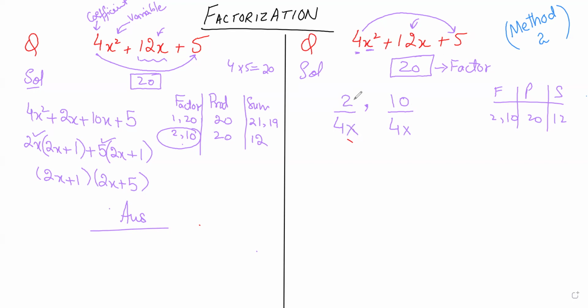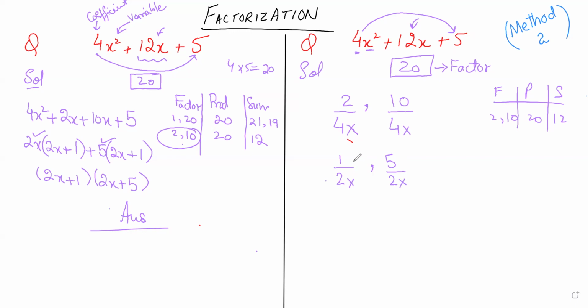Now, you can see 2 is divided by 4, I can reduce it. Like 2 times 1 is 2 and 2 times 2 is 4, so it will be 1 over 2x. And I can also reduce 10 and 4 because they are divisible by 2. So 2 times 5 is 10 and 2 times 2 is 4, so it is 5 over 2x.